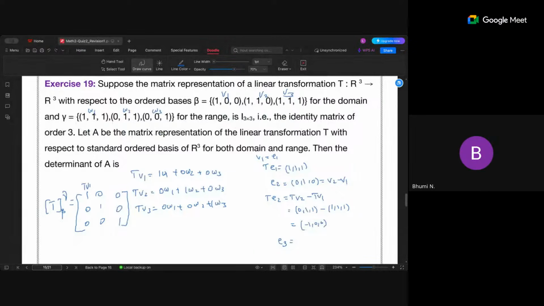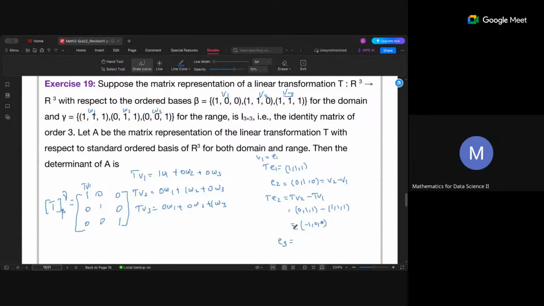Ma'am, could you please tell the E2 part once again? E2 equals V2 minus V1. Actually, I don't understand that part. What did you not understand? E2 is 0, 1, 0. So 110 minus 100 gives you 0, 1, 0. Yeah, ma'am, got it.